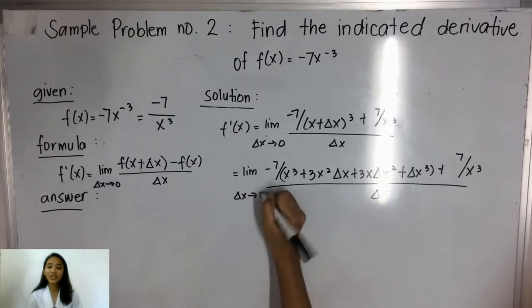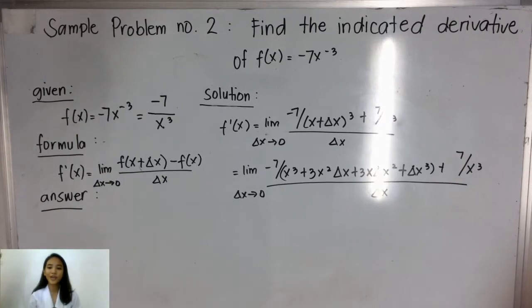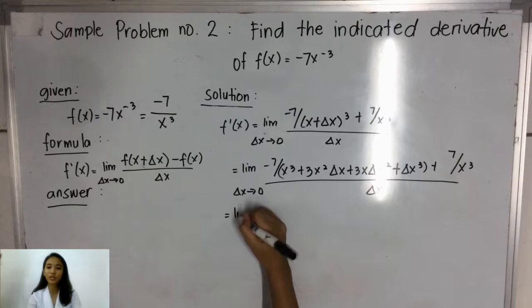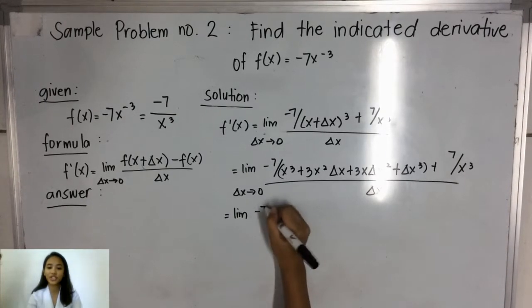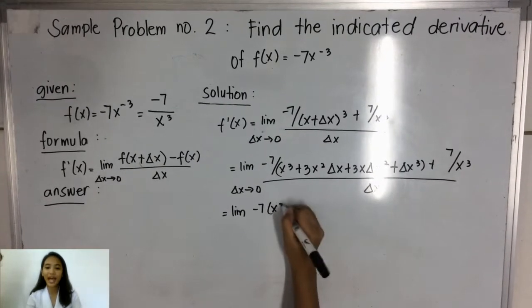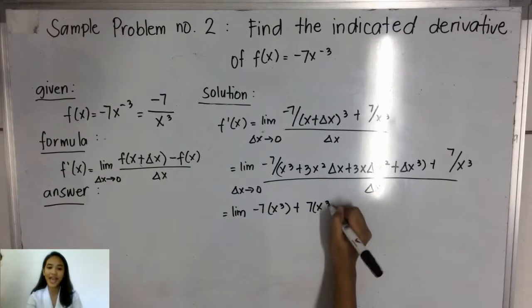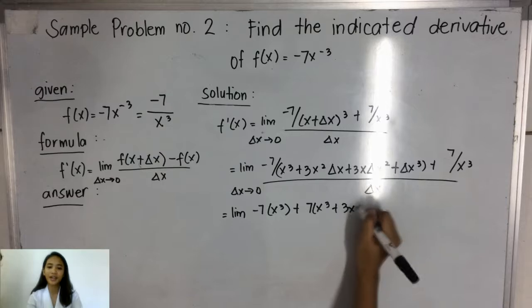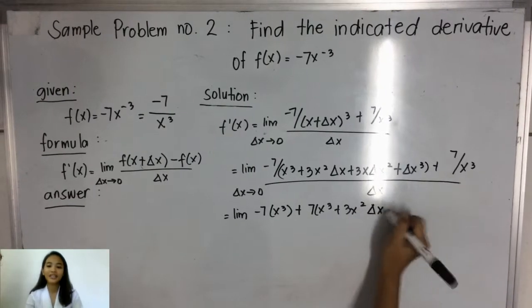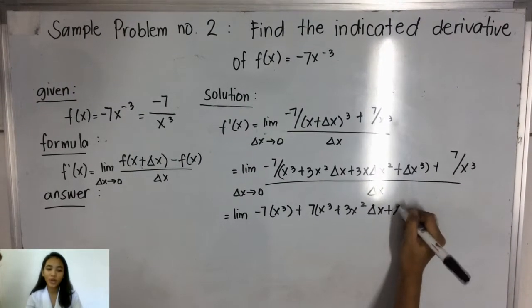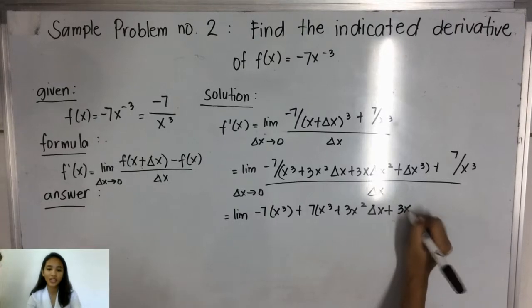Next, we will add the two terms. We will do this by first seeking the least common multiple of the denominators, which is now x cubed times x cubed plus 3x squared delta x plus 3x delta x squared plus delta x cubed. Now, we will convert the two polynomial fractions to their common denominator.